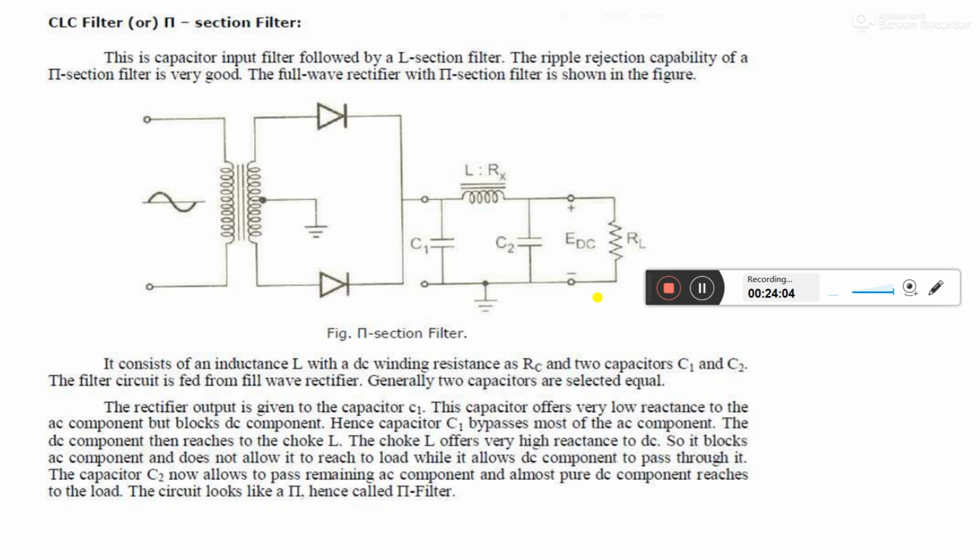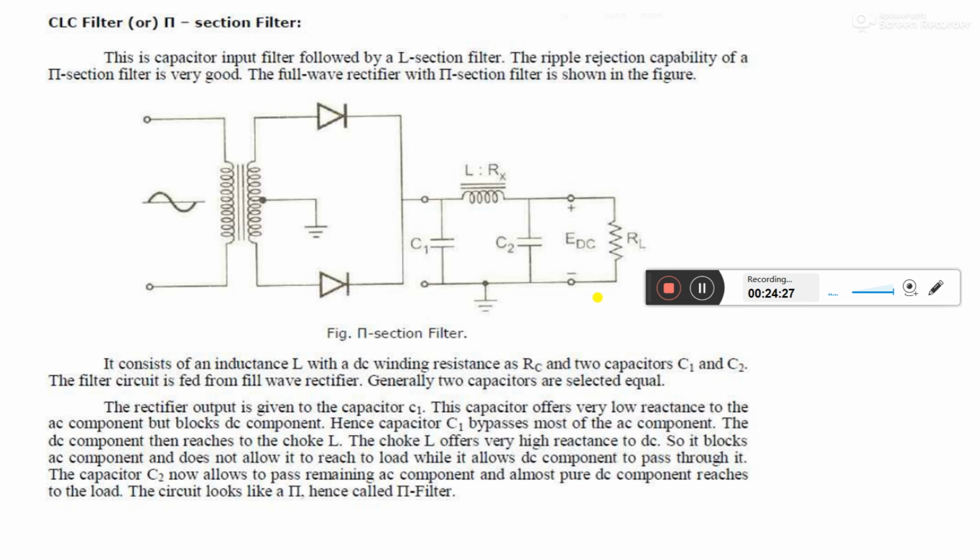It has been found that the ripple factor in the pi filter depends on the product of the capacitance values C1 and C2. But the DC output voltage will be high only if the value of capacitor C1 is large enough.